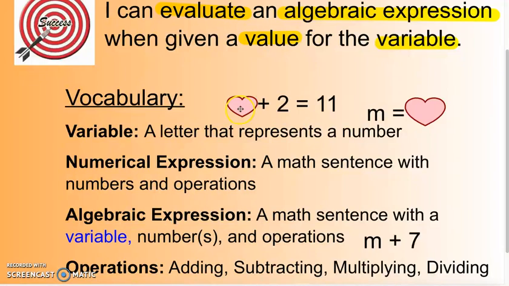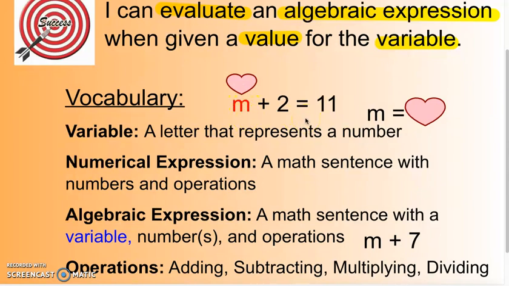So if I said something plus 2 is 11, well, we've been given some clues. We know that this sum is going to equal 11. And so we need to know what number plus 2 is going to be 11. Well, instead of using the symbol of a heart, I can use a letter to represent that number.